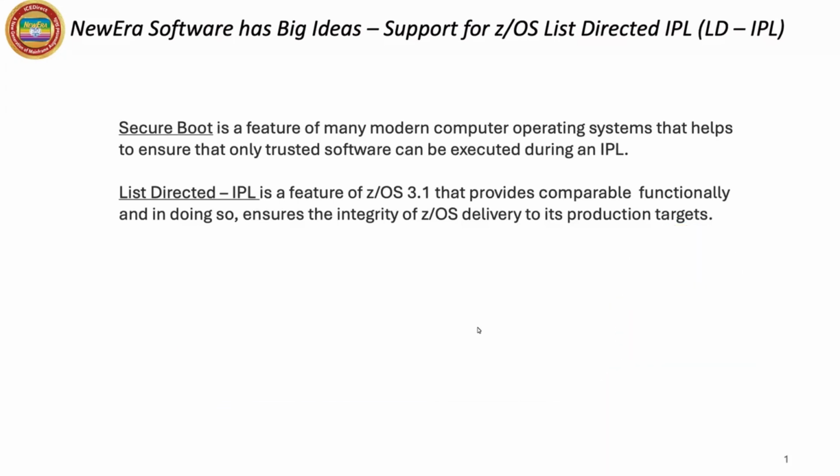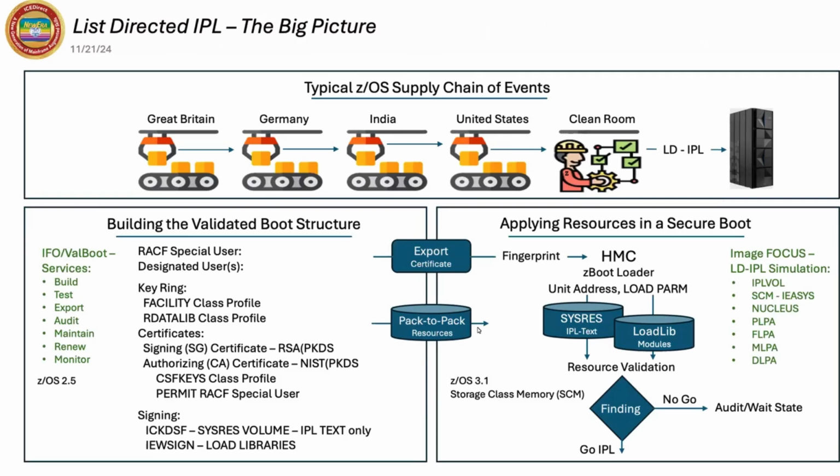When we look at it from a big picture perspective, it probably becomes clearer that the z/OS supply chain is, if you would, divided into a number of different steps and components and the delivery of components to the chain from various different locations around the world.